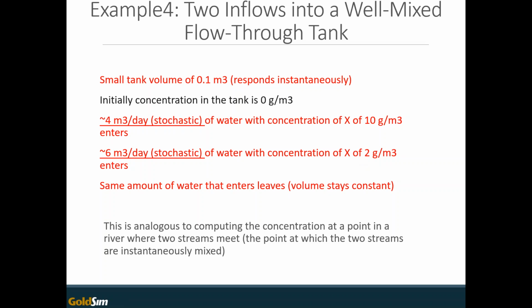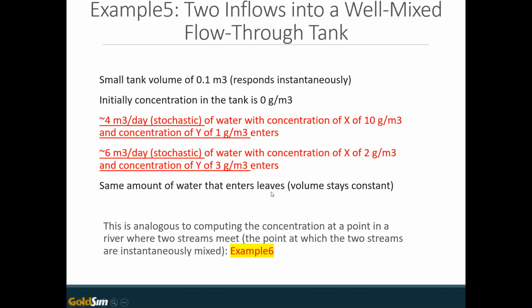You'd basically define a very small volume, and the concentration in that mixing cell is the concentration just downstream of where those two streams mix. That's basically what this does. We're going to look at an example of that in a minute.